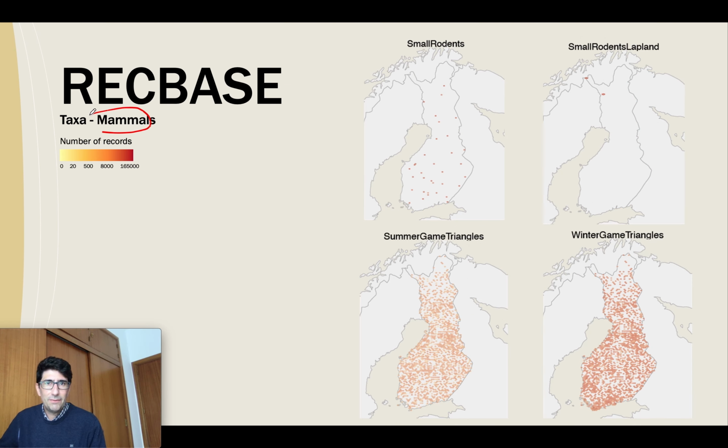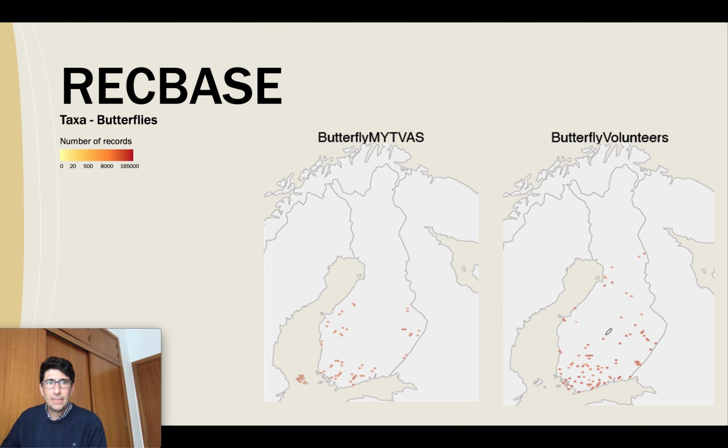Mammals, have a look at mammals. Small rodents Lapland: these are only two locations in small rodents Lapland, as I told you before, with a slightly different methodology, and that's why we made them a different dataset. Summer game, winter game again. Butterflies: now we have butterflies, and a very similar pattern.